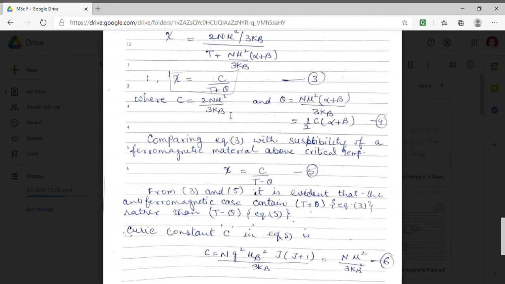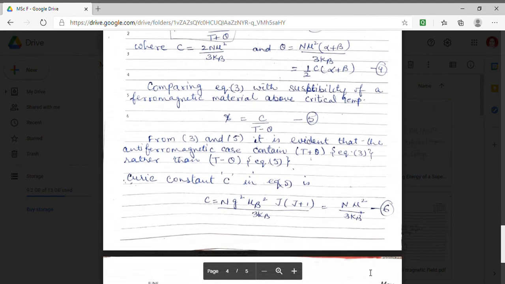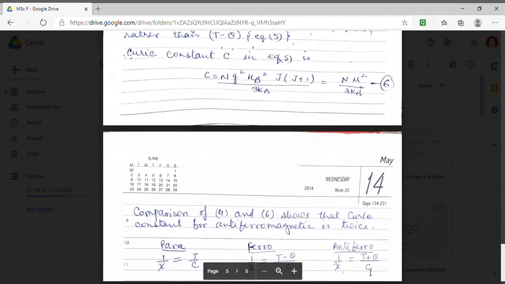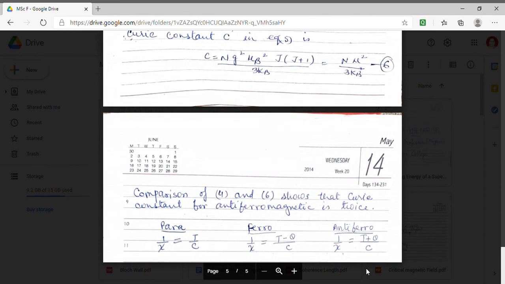For the ferromagnetic material the Curie constant is n mu square upon 3 kB, and if we compare it with the Curie constant for antiferromagnetic material, it is clear that the Curie constant for antiferromagnetism is twice.